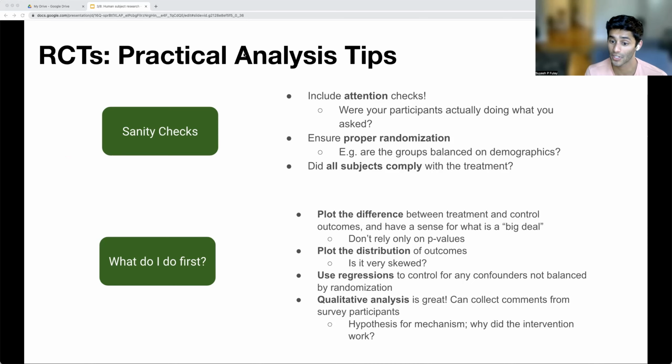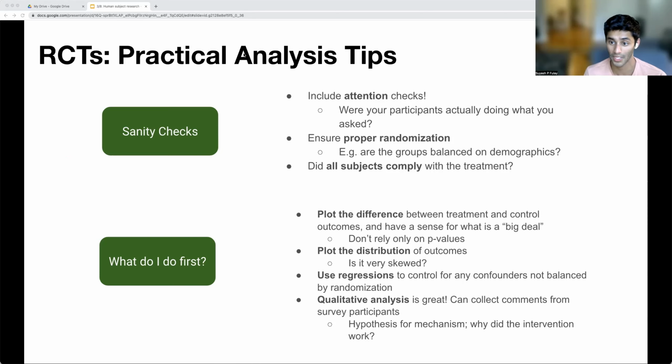You could use regressions to control for any confounders not balanced by randomization. This ties back to what I was saying about being exhaustive with your data collection and making sure you collect any potential confounders up front so that you can balance them in your post-hoc analysis. And then finally, it's important to note that qualitative analysis can be super helpful.